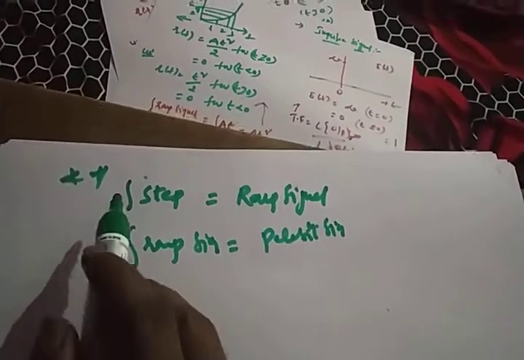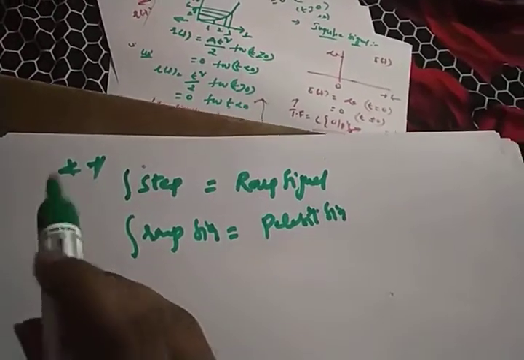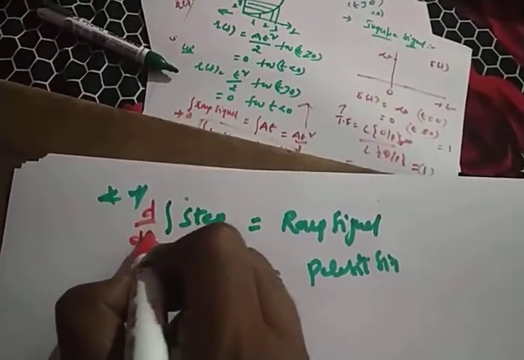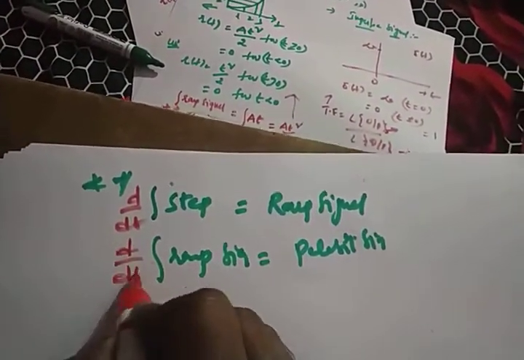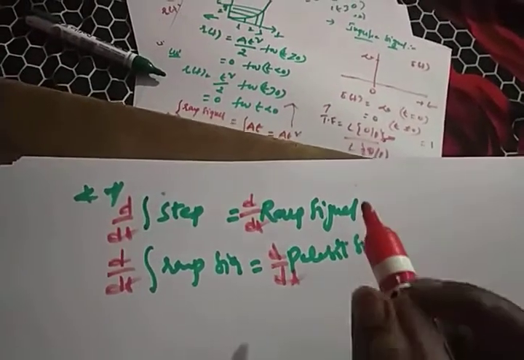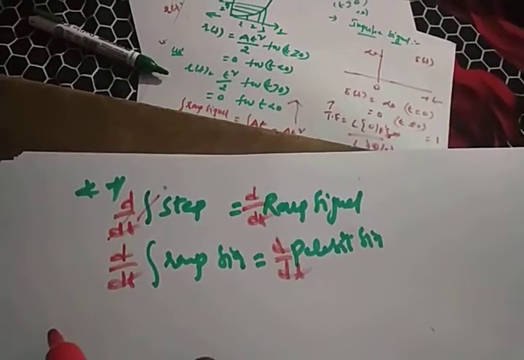Or else, if you want to remove this integral, you have to take the derivative. So on both sides you apply the derivative, d by dt. With this d by dt, the integration will get cancelled out.